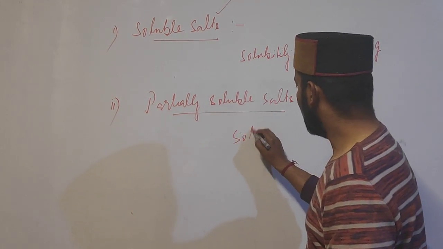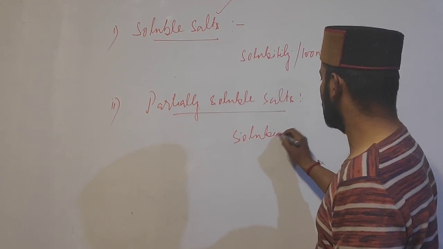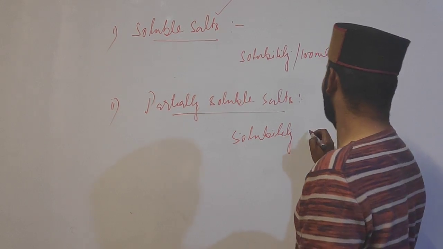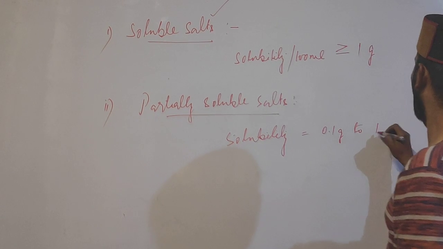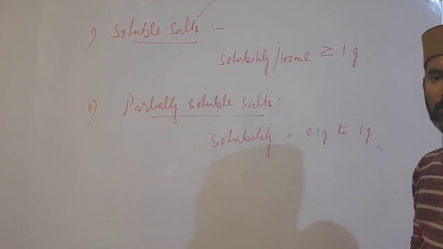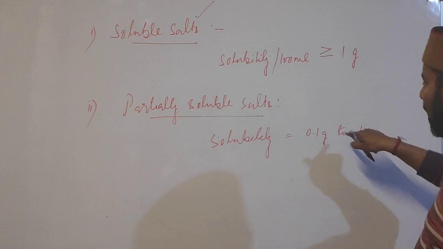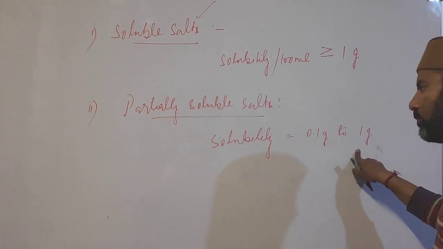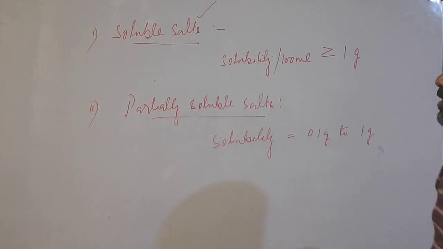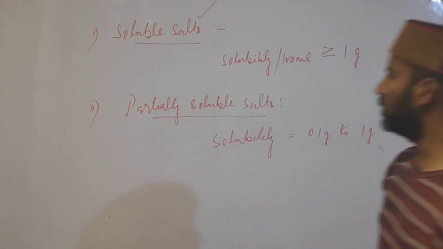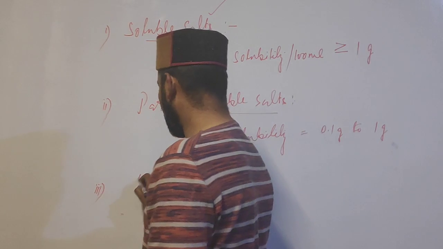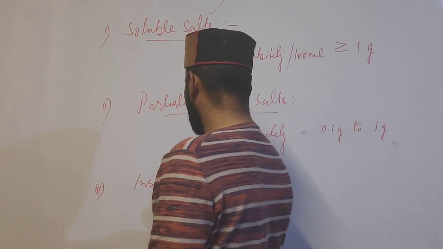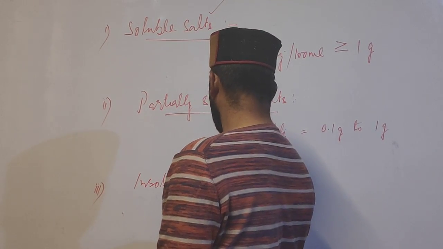So partially soluble salts are those which have solubility in the range 0.1 gram to 1 gram per 100 milliliters. If 0.1 gram to 1 gram dissolves, we say the salt is partially soluble. And then we have third type of salts which are called almost insoluble or sparingly soluble salts.